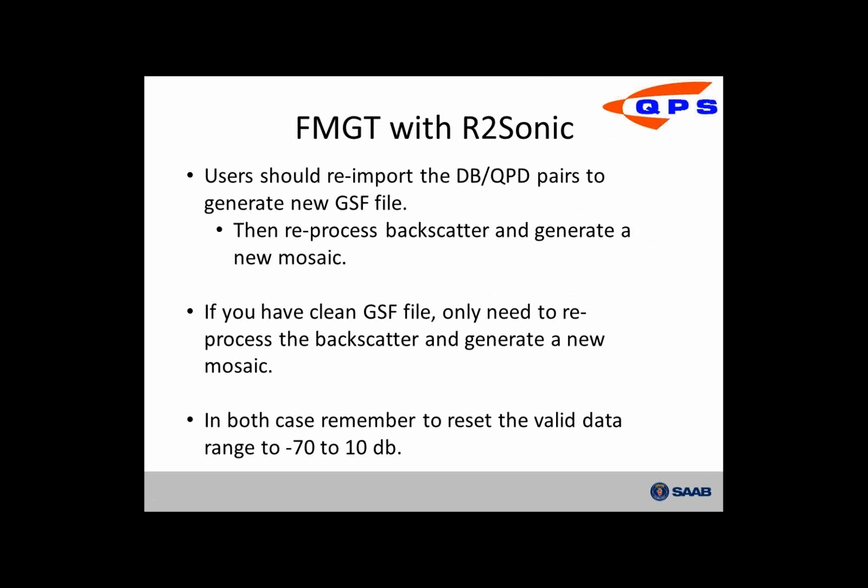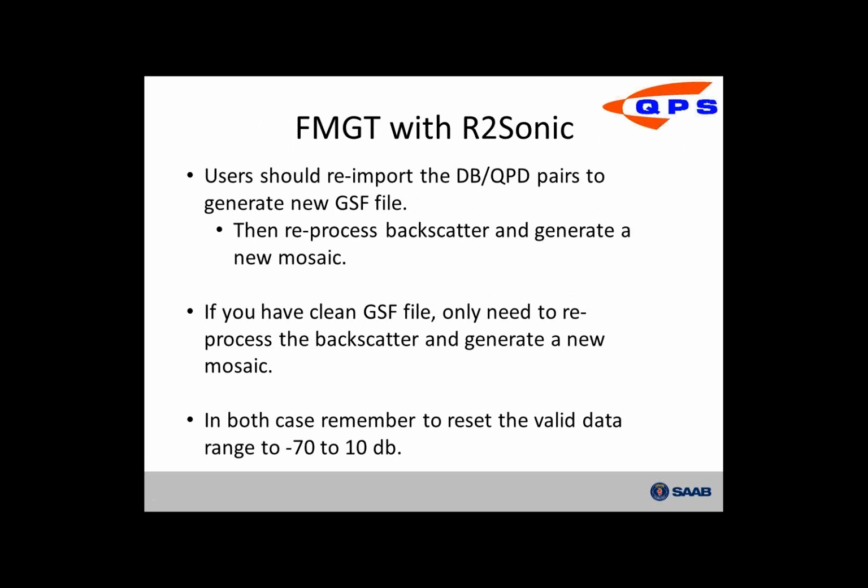So what you should do is re-import the DB QPD pairs to generate new GSF files if you were having that problem. Then you would move forward with reprocessing the backscatter and generating a new mosaic. However, if you didn't have those problems and have clean GSF files, you only need to reprocess the backscatter and generate a new mosaic.